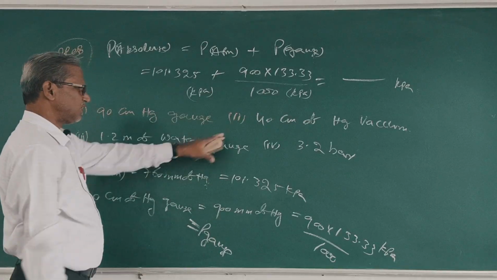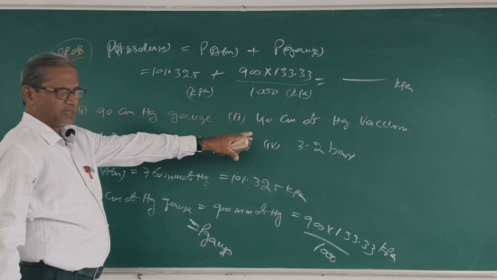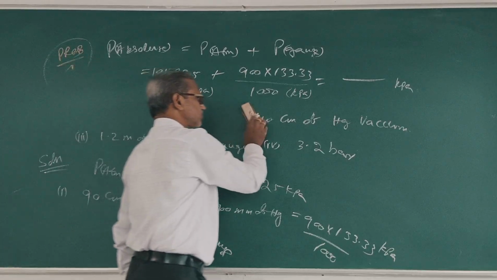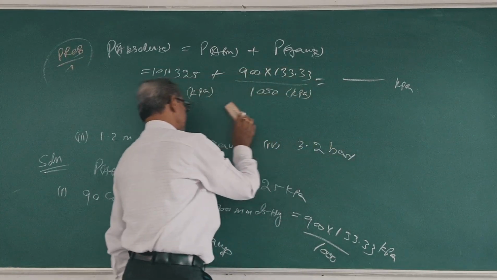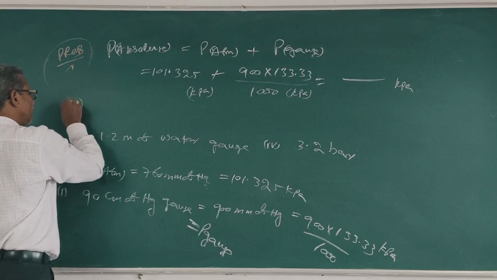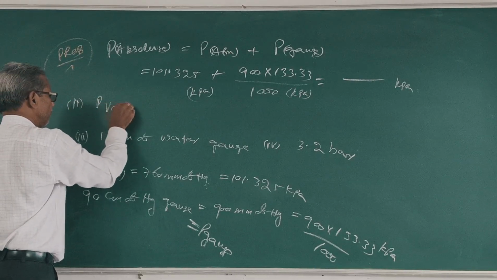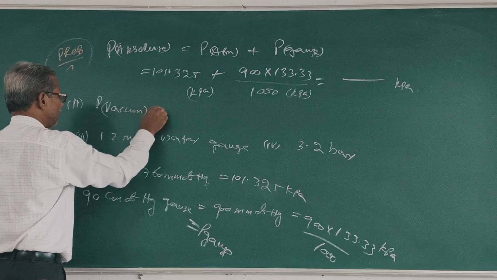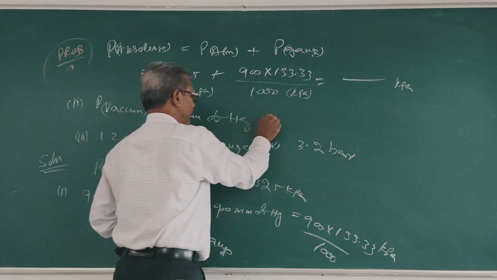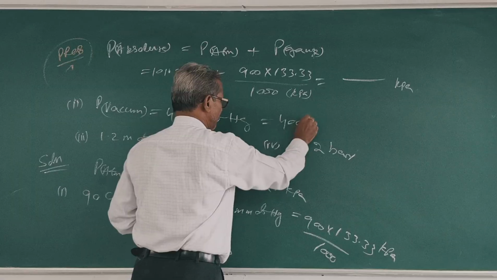Next, 40 cm Hg vacuum, number 2. P vacuum. What is P vacuum? 40 cm of Hg. This is equal to 400 mm of Hg.